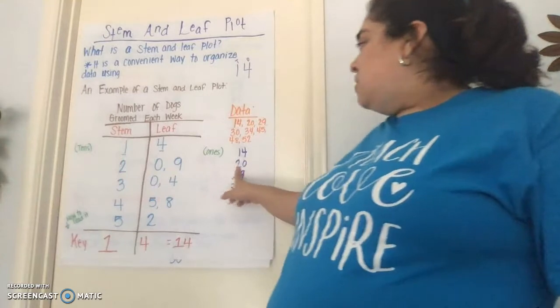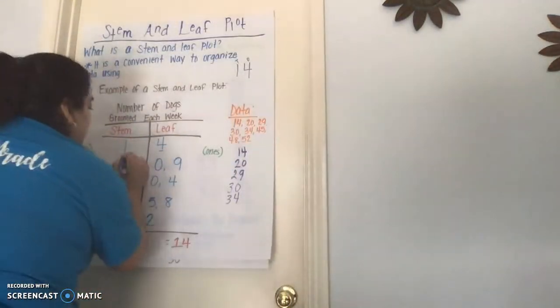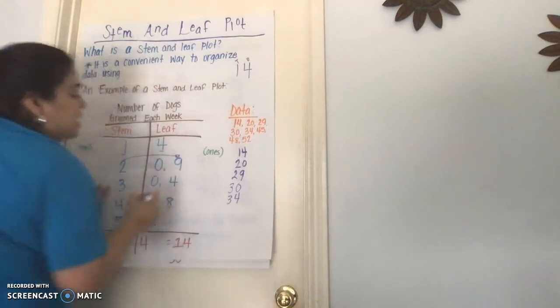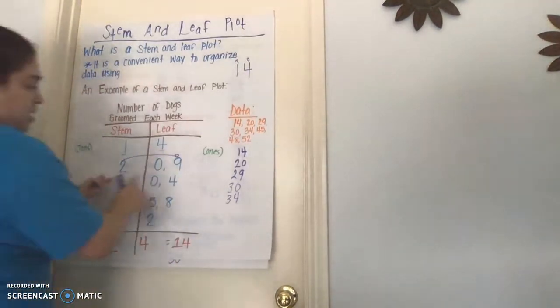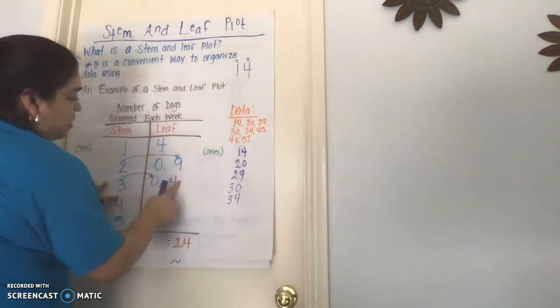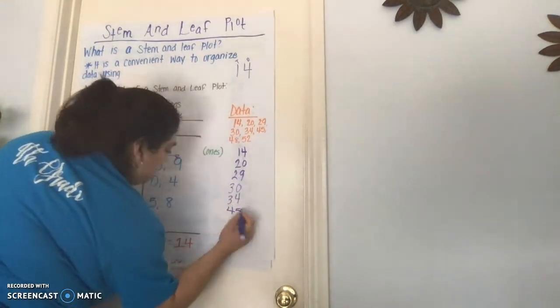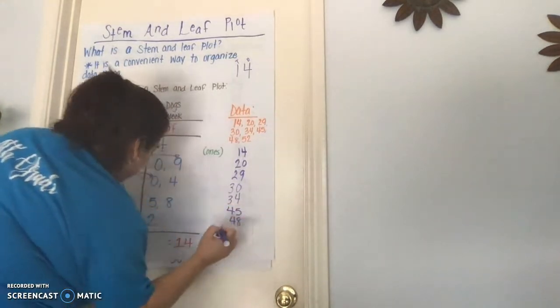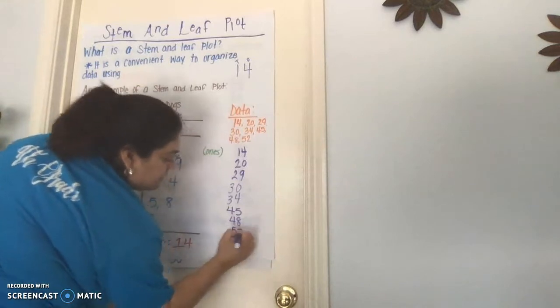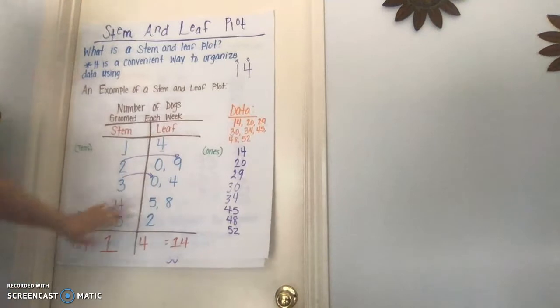The 2 and the 0 is 20, okay? The 2 and the 9 would be 29. 3 with the 0 is 30. 34, 45, 48, and 52. That is how you would write out your stem and leaf.